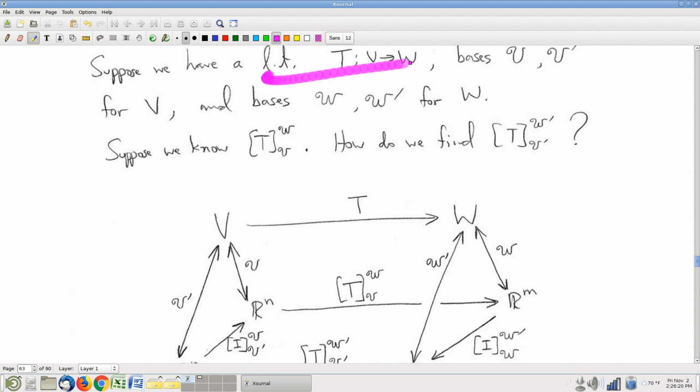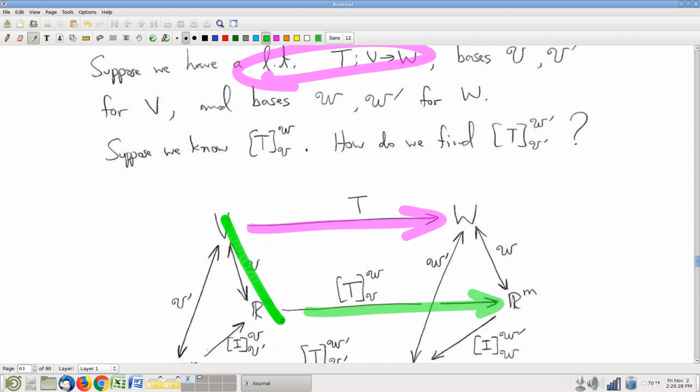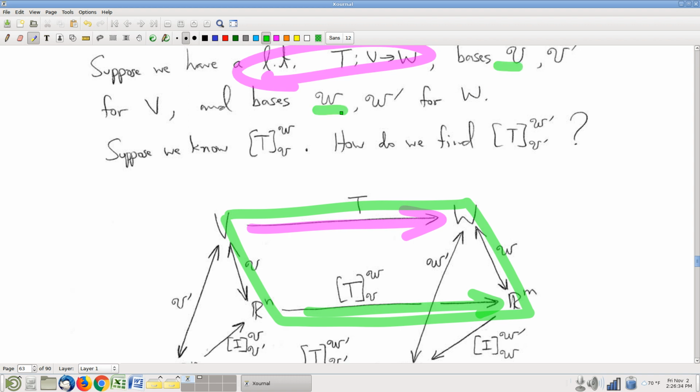Suppose I have a linear transformation here from V to W. Well, maybe I know how to represent that with respect to a pair of bases V and W. So maybe I know this matrix.